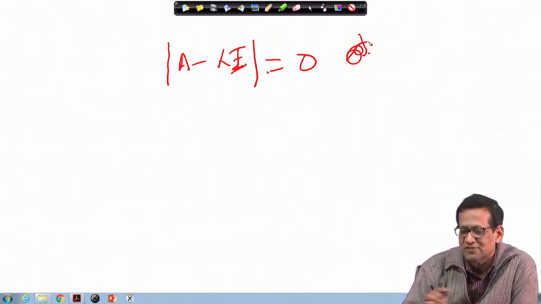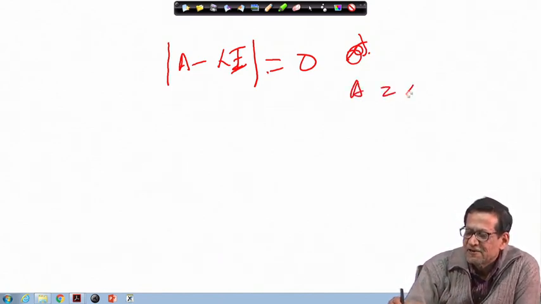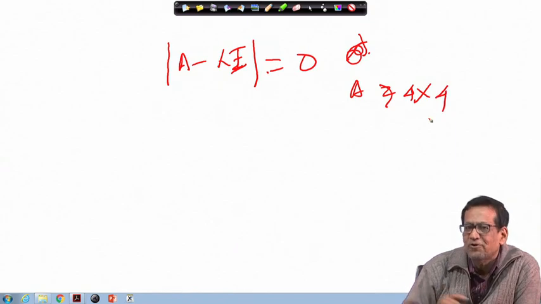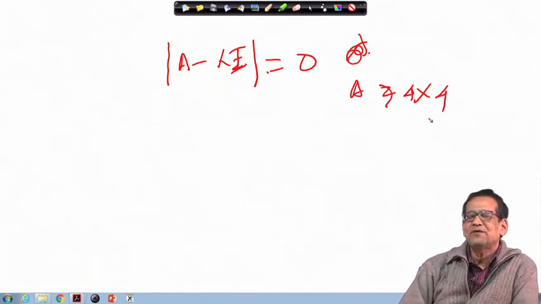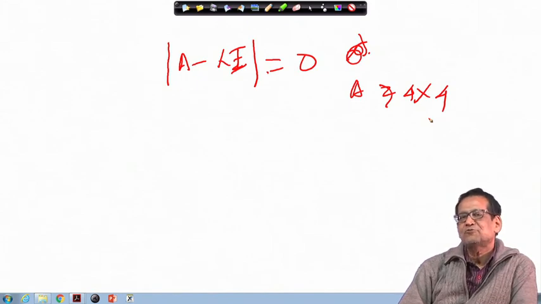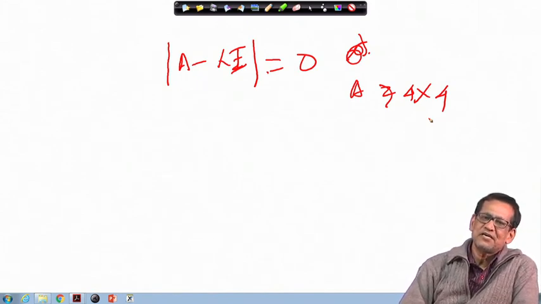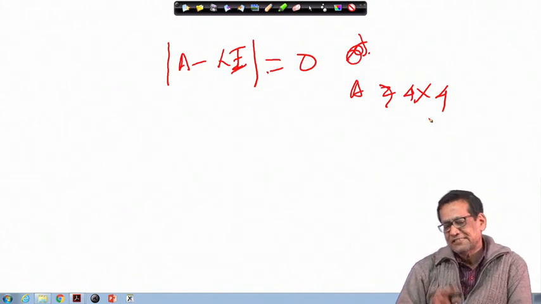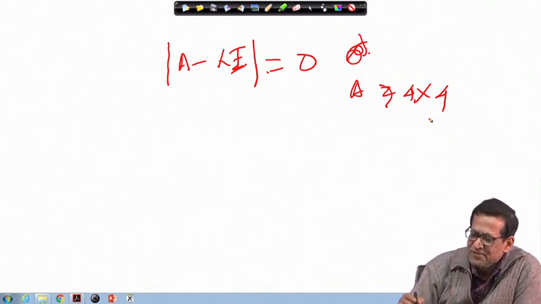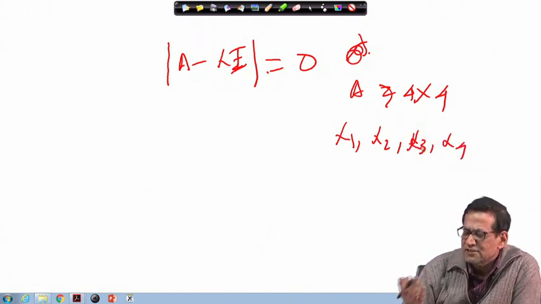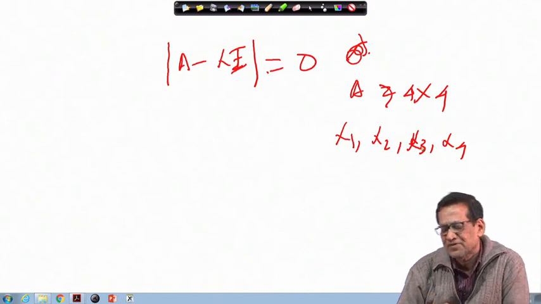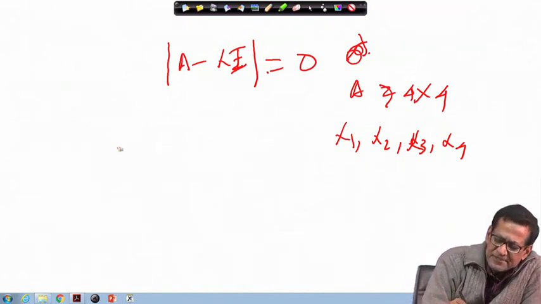There are 4 eigenvalues, because your A matrix is 4 by 4. They may be 4 real, or complex conjugate pairs, or 2 real and 1 complex conjugate pair. That is not the issue; you will get 4 eigenvalues, lambda 1, lambda 2, lambda 3, lambda 4. Even if they are complex conjugates it does not matter.